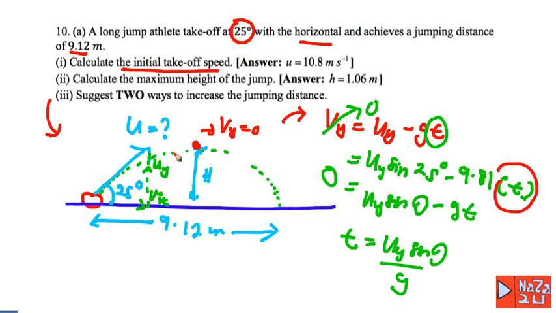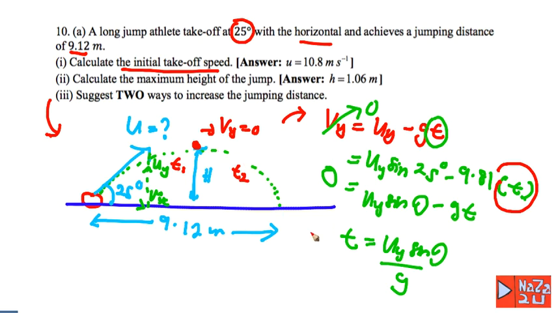Now we find the t for the total time of flight. Let's say the first part is t1, from the ground to the maximum height, and the second part is t2, from the maximum height back to the ground.